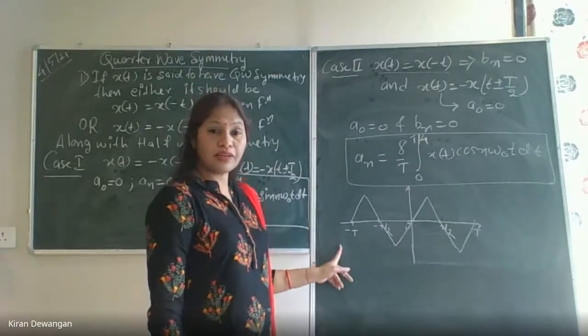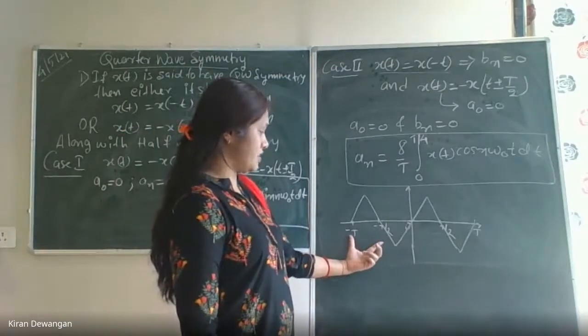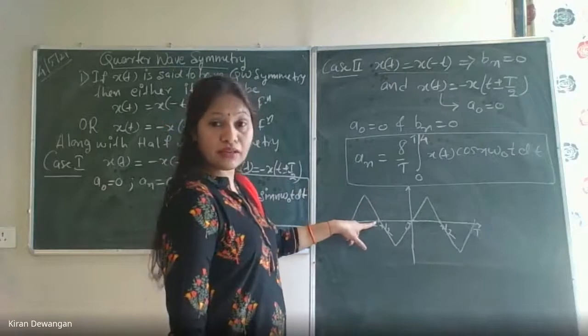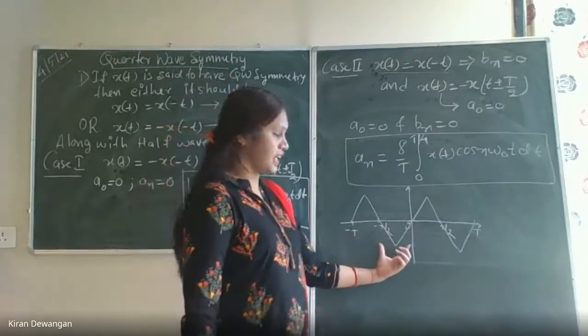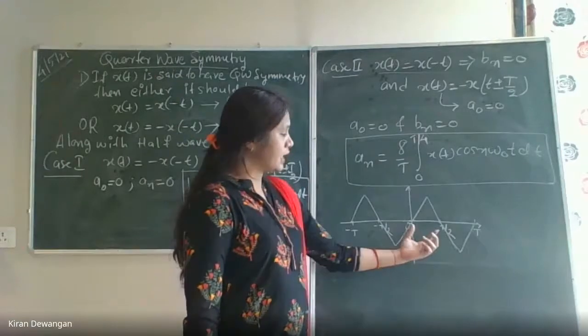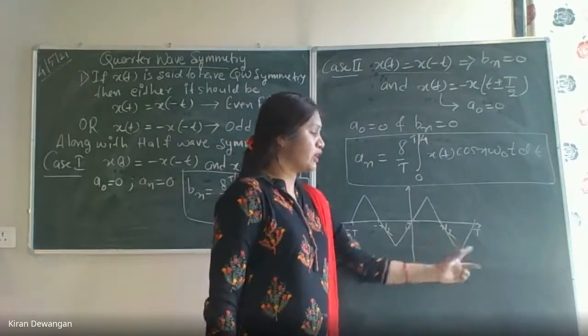If I am taking minus T to minus T by 2, it is a positive triangular curve. ठीक है, if I am taking minus T by 2 to 0, it's a negative triangular curve, and then it is positive from 0 to T by 2, and it is again negative from T by 2 to T.